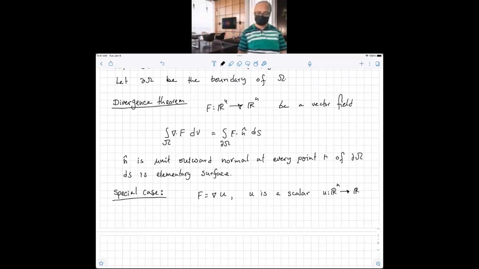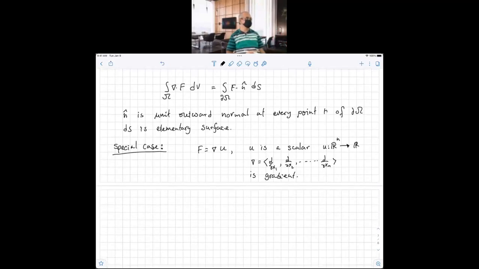Okay. Del is d/dx1, d/dx2, ..., d/dxn. It is the gradient. Okay.